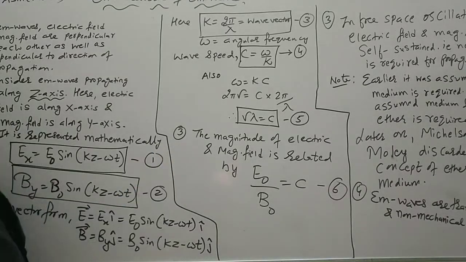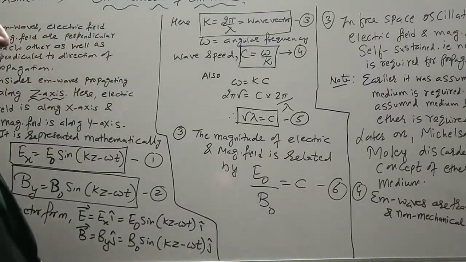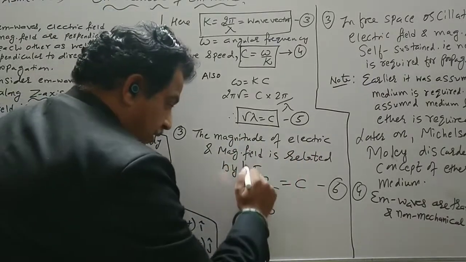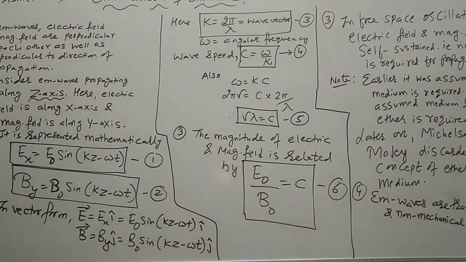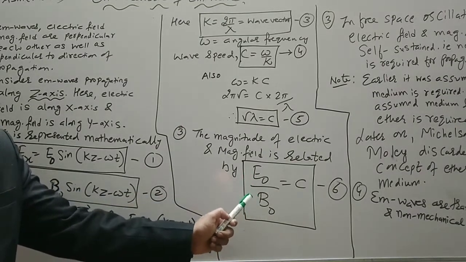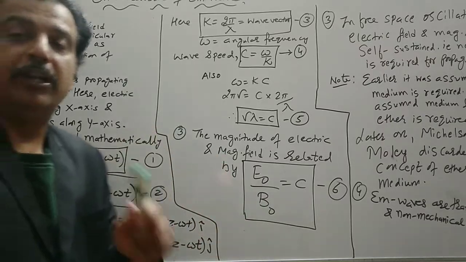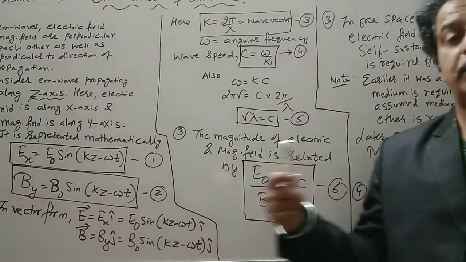The third characteristic is that the magnitude of the electric and magnetic fields are related. So we have a relation: c is also equal to E naught upon B naught, that is the amplitude of the electric and the magnetic field. We know that the electric field and magnetic field are functions of time. They oscillate, their value keeps on changing.